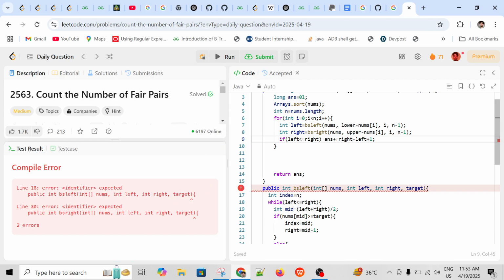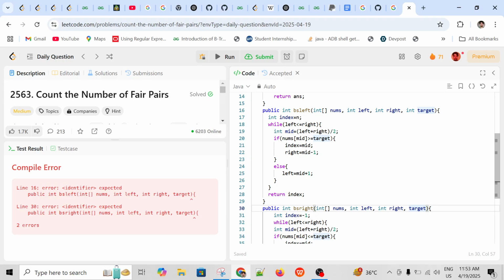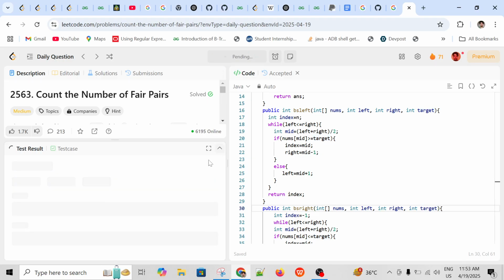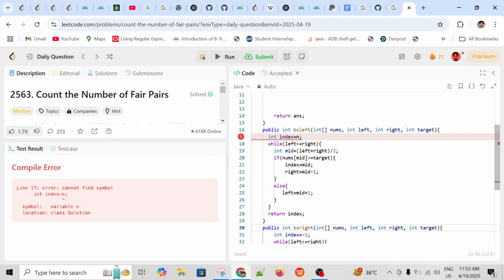This is showing something wrong happened. Actually, we have not defined the data type for this one. It cannot find the index ends.